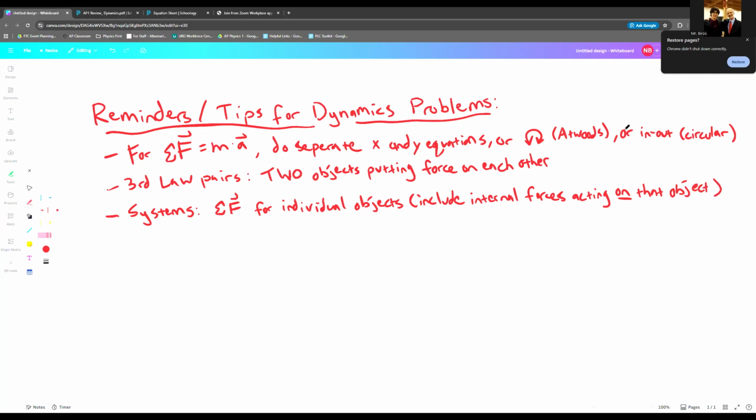You still want to look at, if I just pick one object in my system, just one of them to look at with the forces, the sum of forces, I only want to include forces that are acting directly onto that object, right?